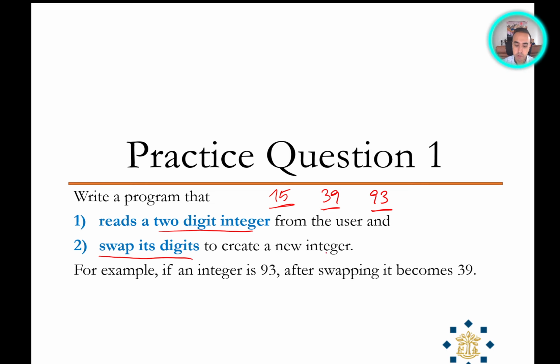So for instance, if the user enters 93, you swap 3 and 9, that becomes 39. If the user enters, for instance, 74, the new number will be 47. Okay, so you just change the positions of the digits. So this is the first exercise.